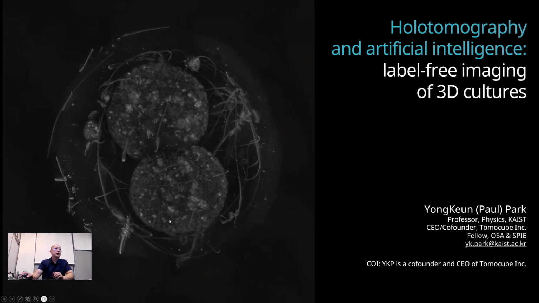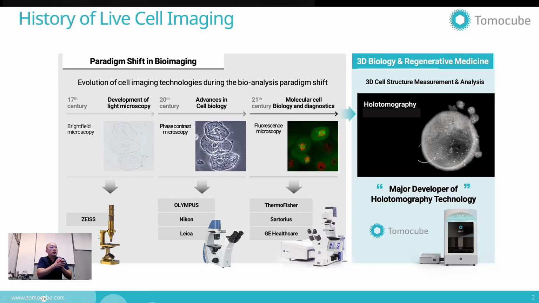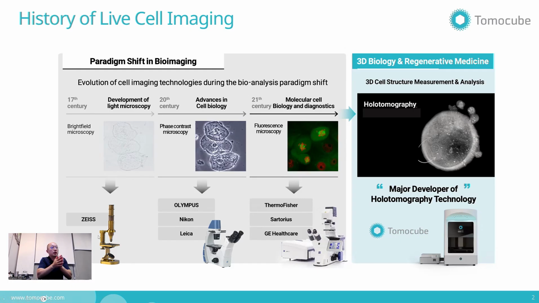So I'd like to talk about the imaging paradigm in bioimaging. As we know, bright field microscopy has been used for microscopic objects. But due to the little scattering from so many biological components, it's not very clear using the bright field microscopy system.